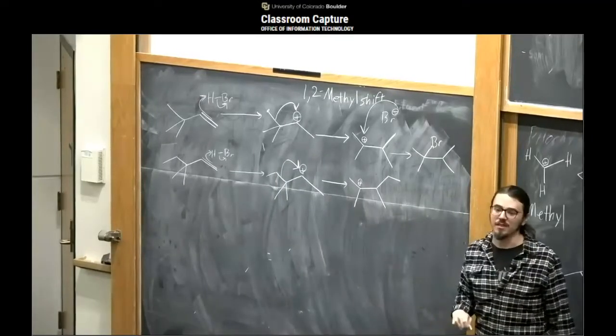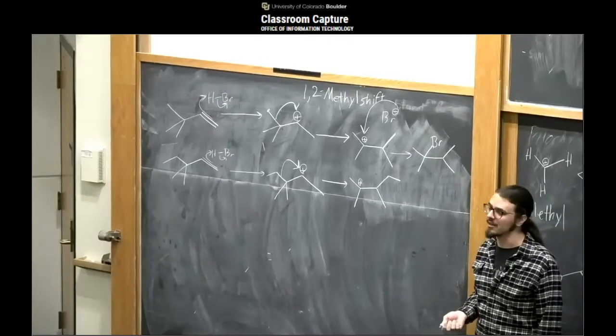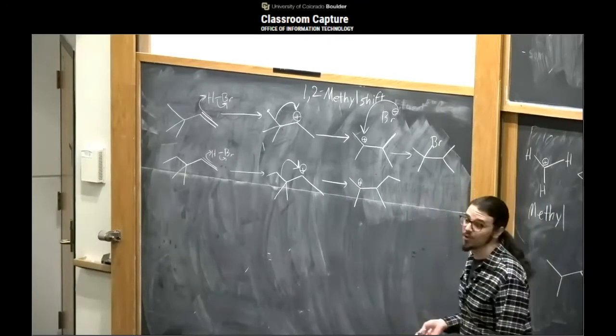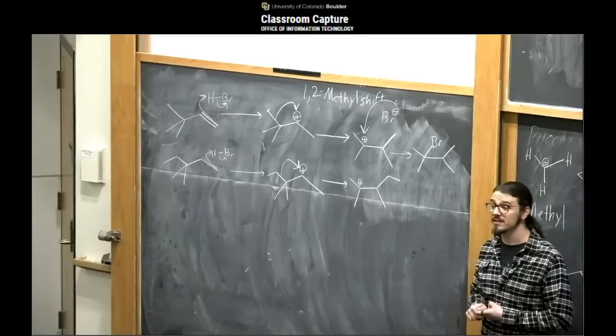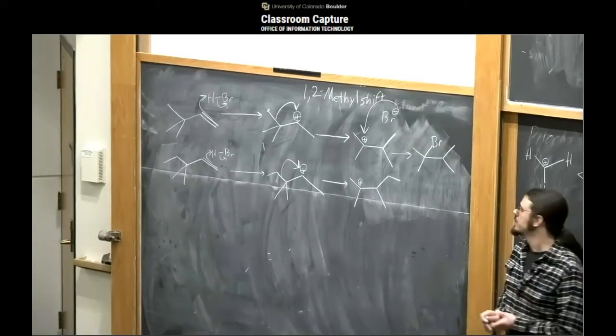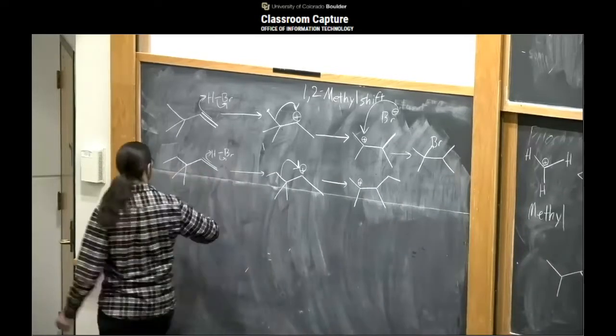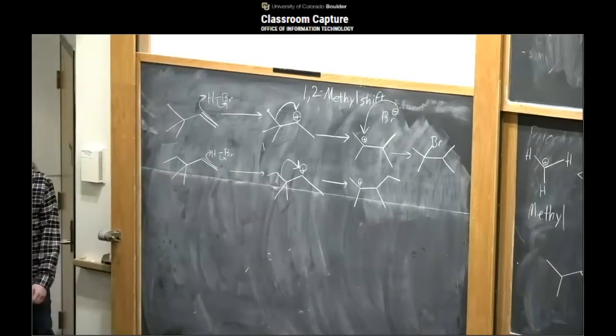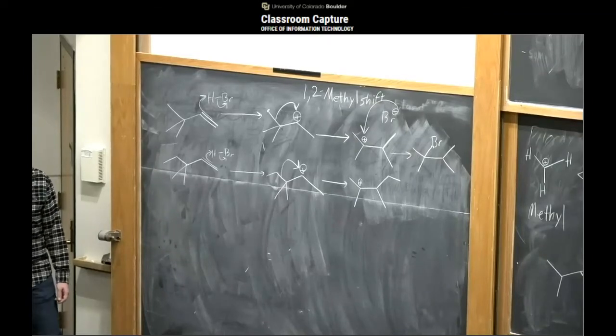And then at that point, the bromide would attack, giving us our alkyl halide. So in general, if you have multiple groups that can migrate, the smaller of the groups is more likely to migrate. So for this one, although I've shown the ethyl group as the group that's migrating, the methyl is more likely to migrate in this example.